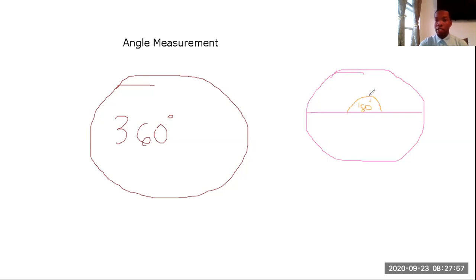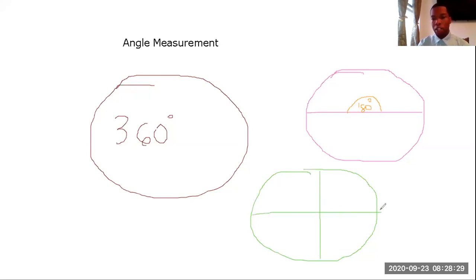Similarly, if I have another circle and I split it in 4, then I'm looking at this angle right here, and it's 90 degrees.